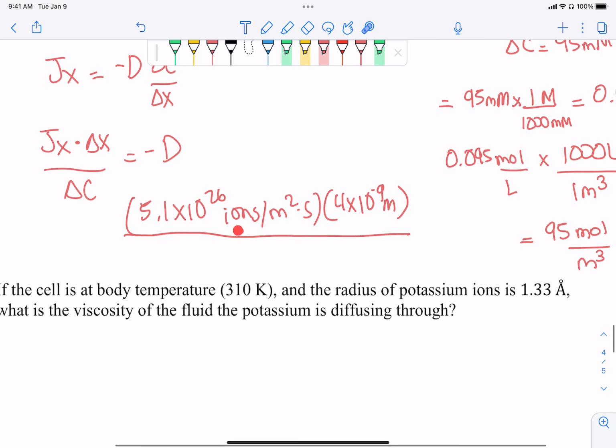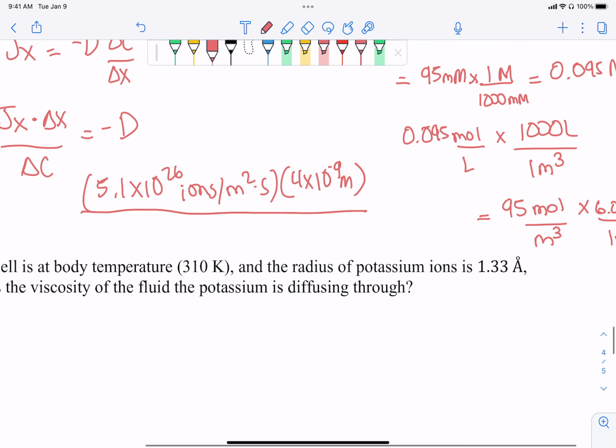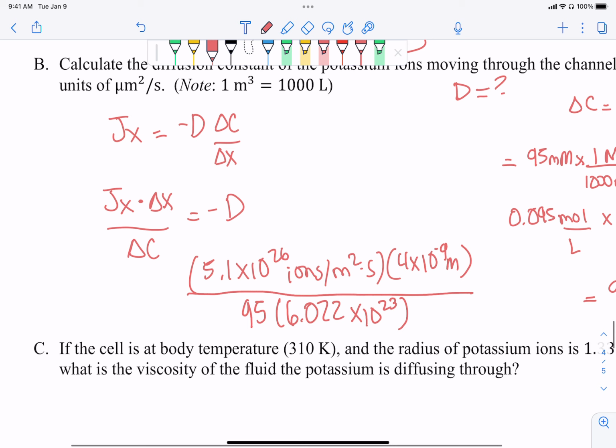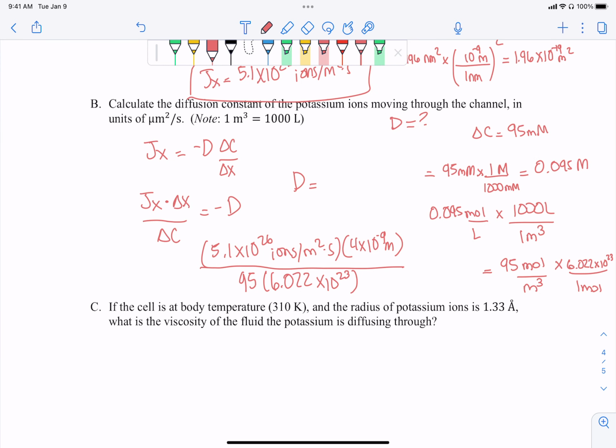So the ions eventually cancel out there. It'll just be 95 basically times 6.022 times 10 to the 23rd. And so that should give us a diffusion constant of what? This should be in meters squared per second initially, and then we'll convert it back to micrometers squared per second.